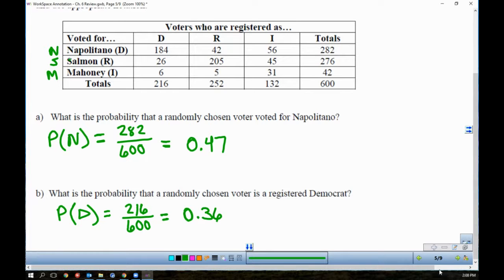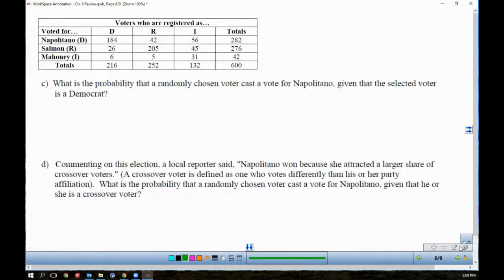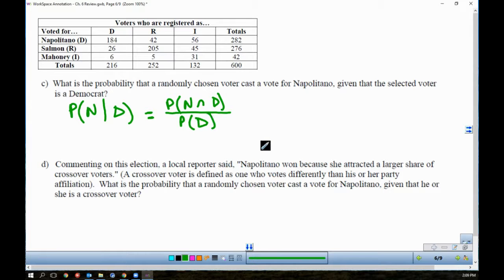Okay, then I'm going to have to go to the next slide to get to C. What's the probability that a randomly chosen voter cast a vote for Napolitano, given that they were Democrat? So this is the probability of Napolitano and Democrat over the probability of what? Democrat.